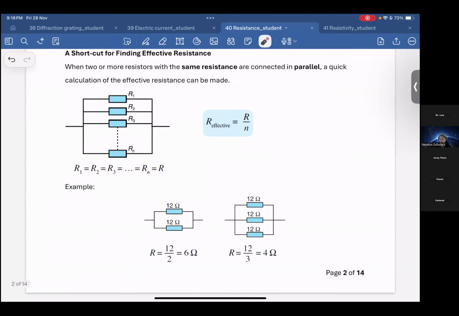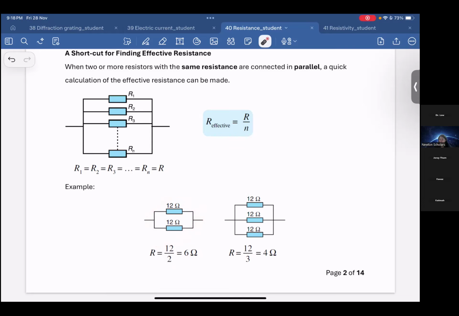How to do the calculation? Here, 12 ohm and 12 ohm, they are the same, connected in parallel. So we use the resistance value, 12, divided by n, the number of resistors having this 12 ohm, which is 2. At the end, I get 6 ohm. Total resistance for this is 6 ohm.